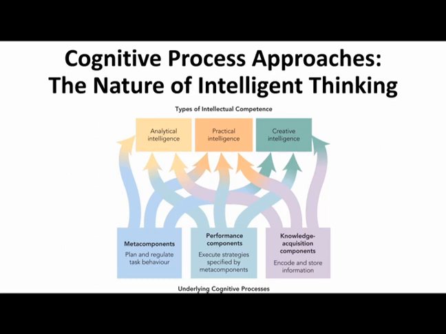This category would include things like problem solving, where we identify problems, propose different solutions, and evaluate the effectiveness of those solutions. Thornburg believes that these meta-components would be involved in fluid intelligence. The performance components are going to be the components that actually allow you to perform the task at hand.